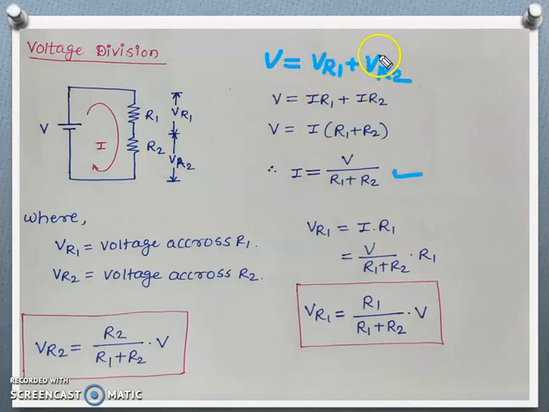Okay, the sum of these two voltages is nothing but the total applied voltage. Now we are interested in finding VR1 and VR2. So let's calculate VR1 first.